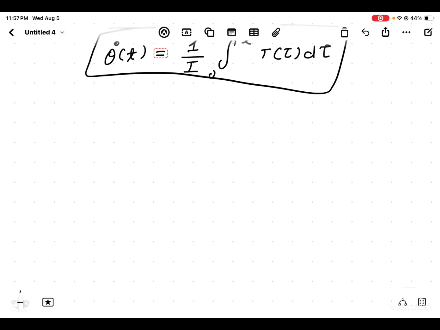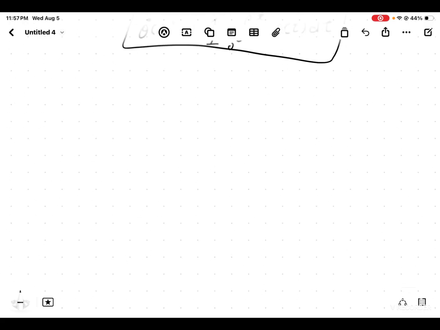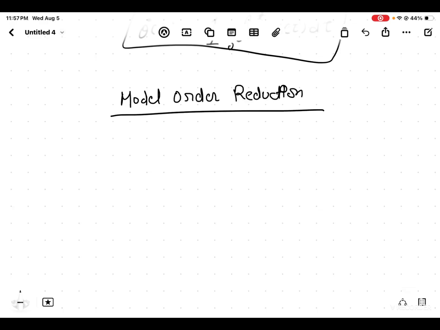So here comes the model order reduction part. Here we reduce our problem to only that statement which we want to see.